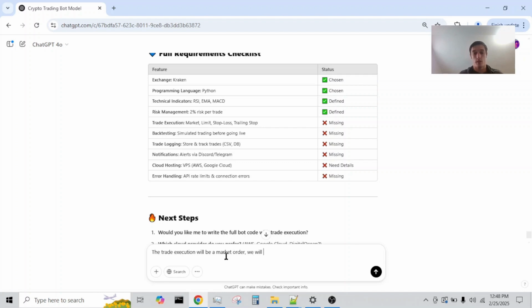We will have a 2 to 1 ratio for our stop loss take profit.